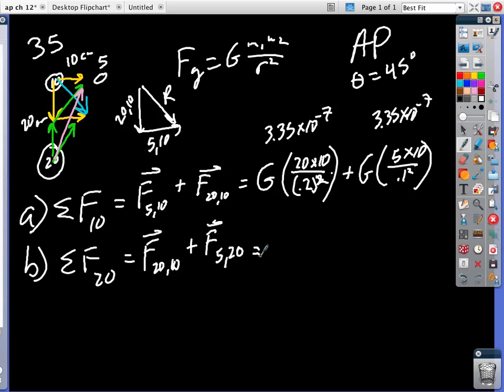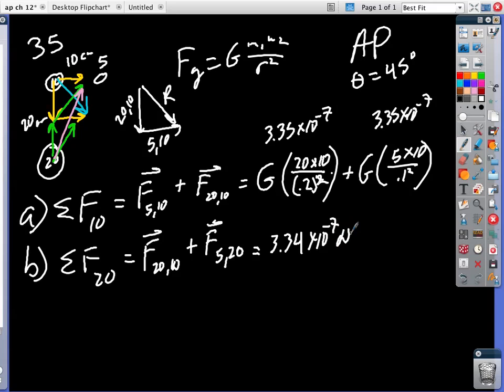Okay. So here we're going to get G. Once again, we get 2010. Well, there's no reason to redo that. That one should be the same, yeah? Because it's the effect of 10 on 20. So that should be the same at 3.3. Wait, sorry, it was 3.3? 3.335. Whatever.